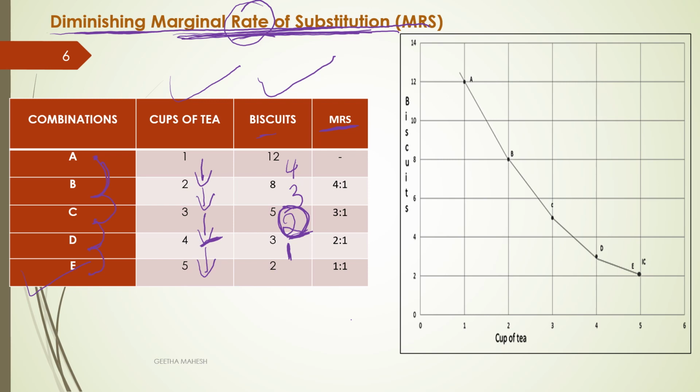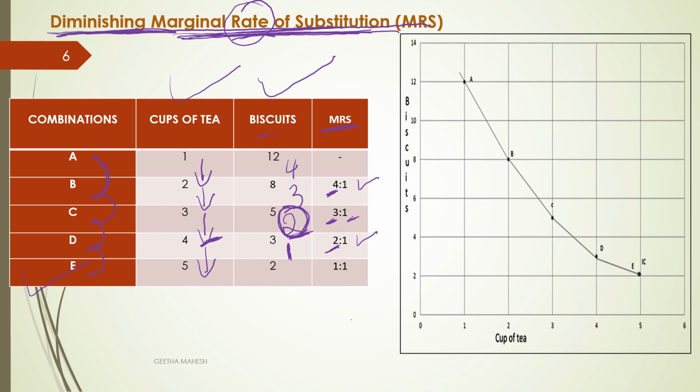Then what do you mean by diminishing marginal rate of substitution? Dear students, just observe this. Beginning to have 1 unit of tea, 4 units of biscuits are sacrificed. To have one more unit of tea, 3 units are sacrificed. Observe this: 4 units, then 3 units. To have one more additional unit of tea, 2 units of biscuits are sacrificed.